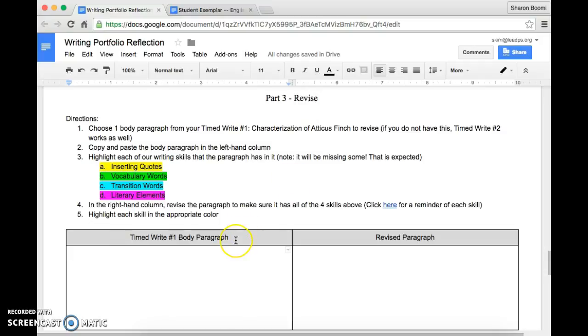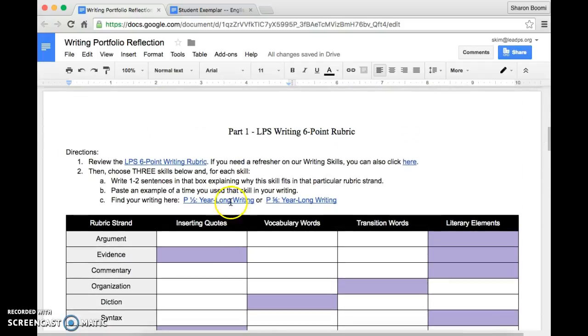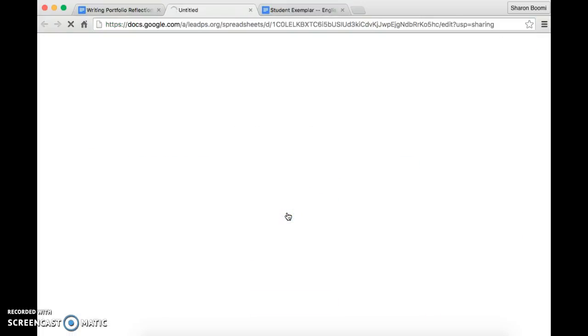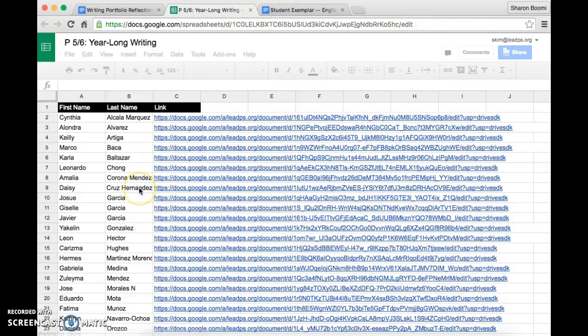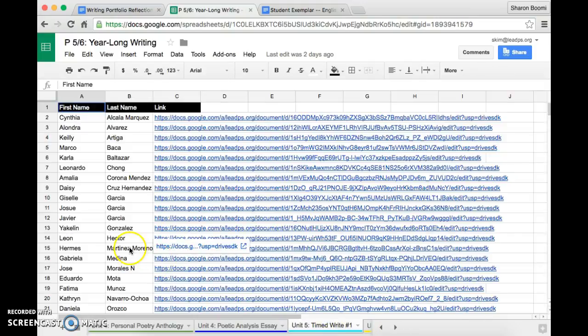A reminder that you can pull all your writing from this year from this online document. I'm going to scroll up. So my year-long writing. So I'm going to click on that according to my period. And I'm looking for my timed write number 1. So I'm going to scroll. I see my timed write 1 right here.